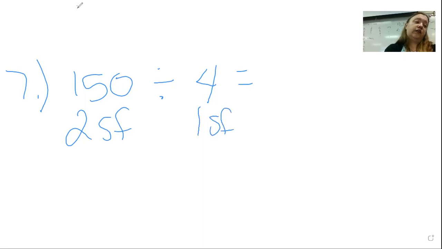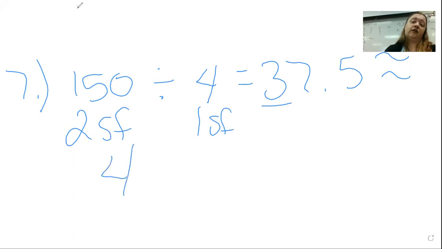Your calculator is going to spit out 37.5. Now we have to round that to only 1 significant figure. We can only keep the first digit as significant. So the 3 rounds to a 4 because there's a 7 after it.